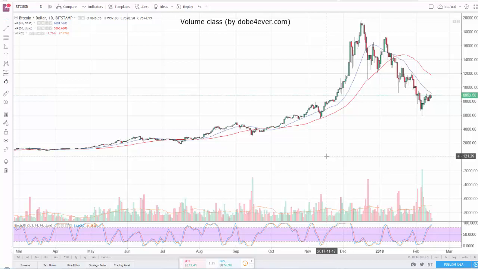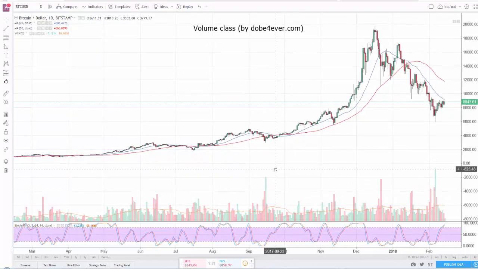The volume indicator also comes very useful to identify breakouts. I love looking at volume to try and find breakouts, because breakouts are a way to make a lot of money in a short period of time.